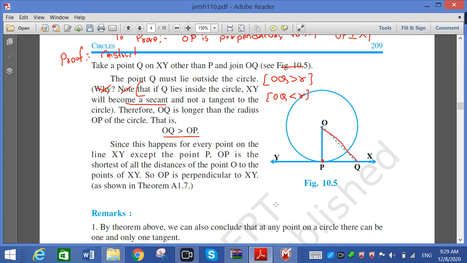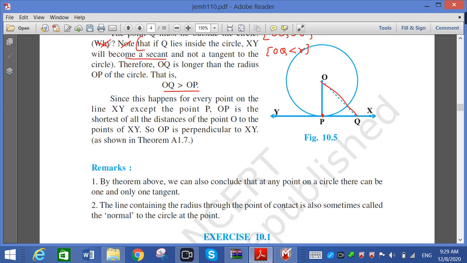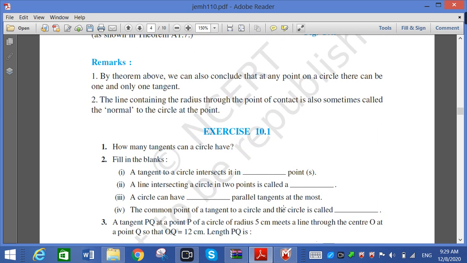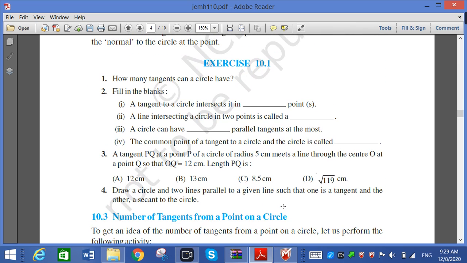So you have to write Theorem 10.1. Now we go for Exercise 10.1. How many tangents can a circle have? Infinitely many. A tangent to a circle intersects it in one point.